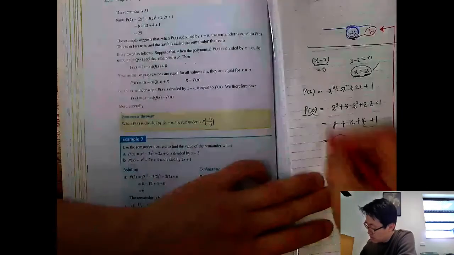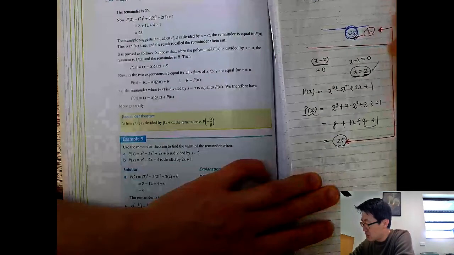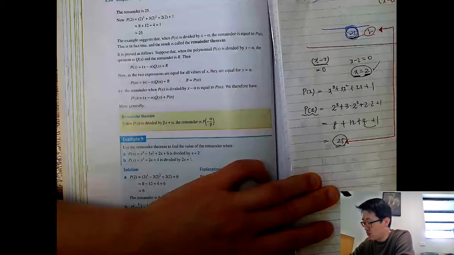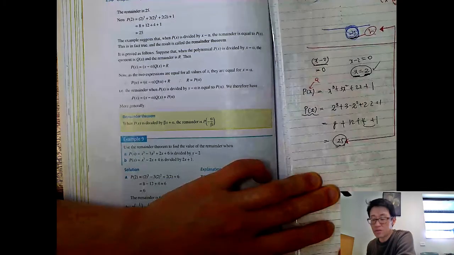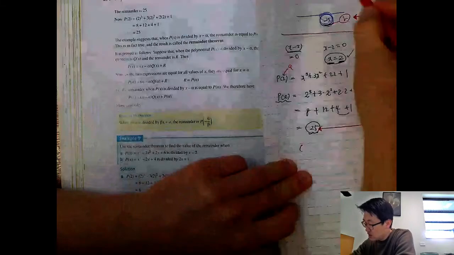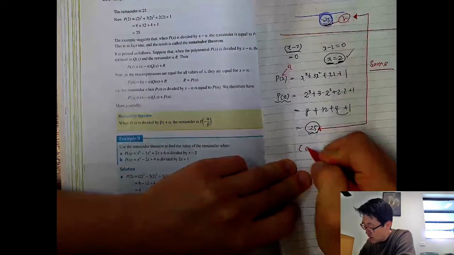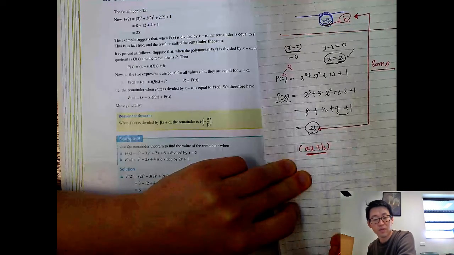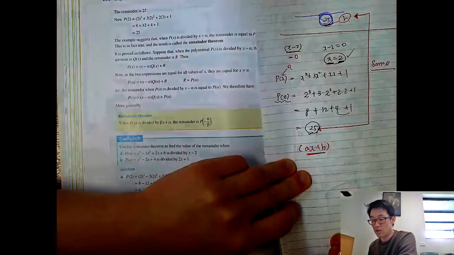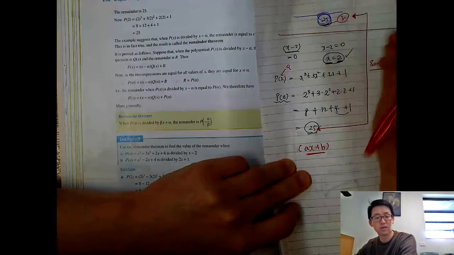So what about if this was in x minus a form, then I can put a here, wasn't it? What about if this one is in ax plus b form? Still the same thing. The logic was we make x minus 2 equal what? 0.